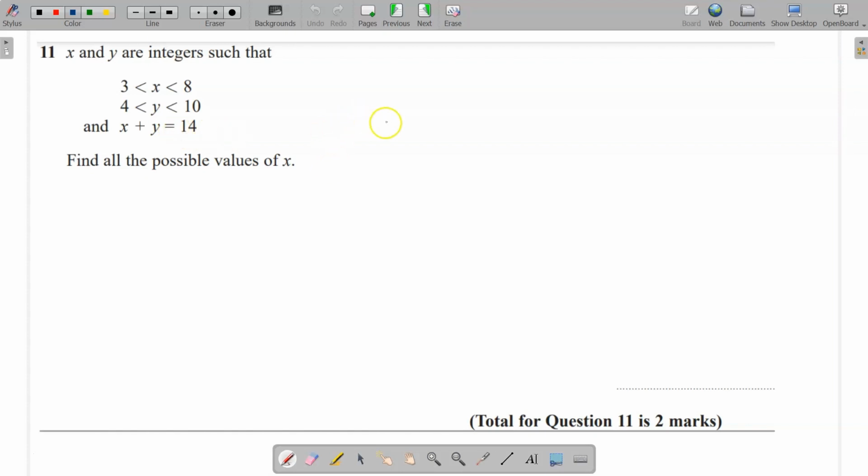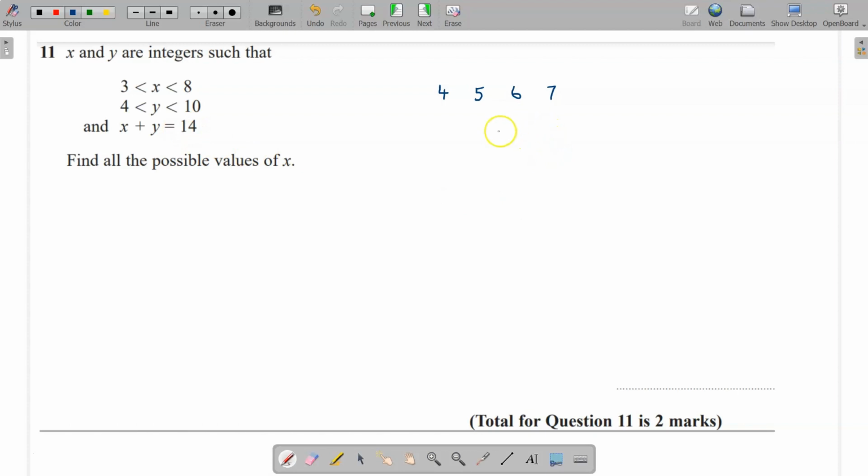So what could this first inequality be? Well, it could be 4 or 5 or 6 or 7. Now y can be 5, 6, 7, 8 or 9. But I also know that x plus y has to be 14.